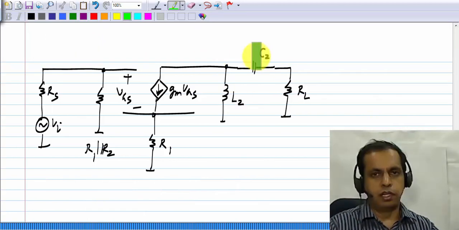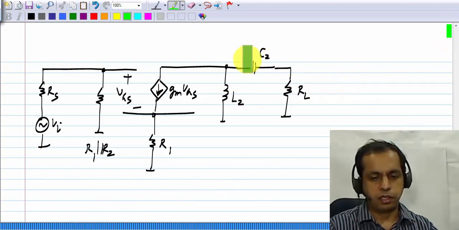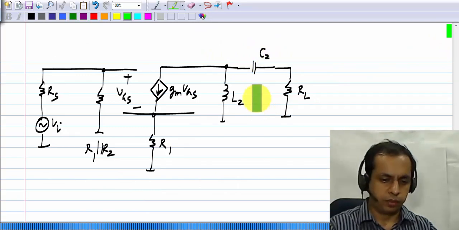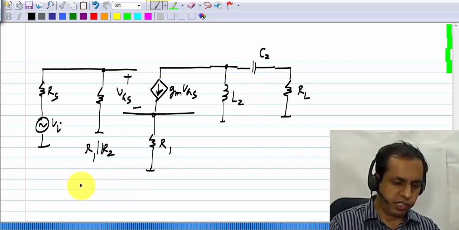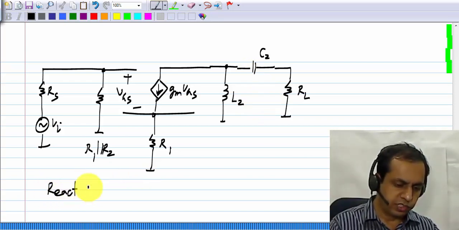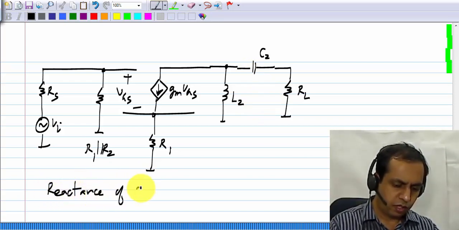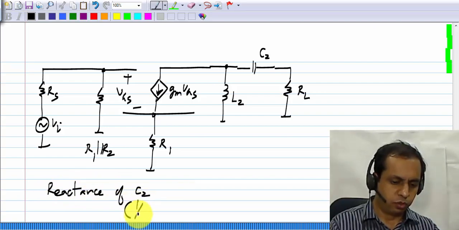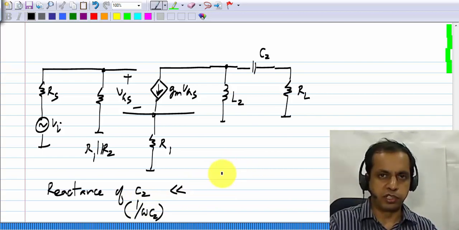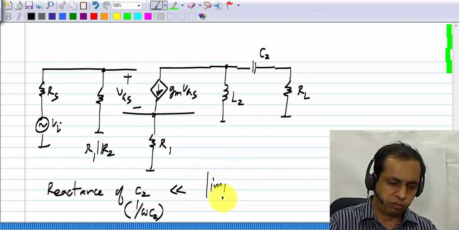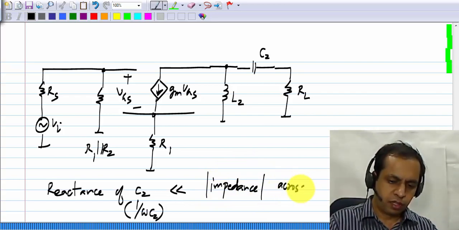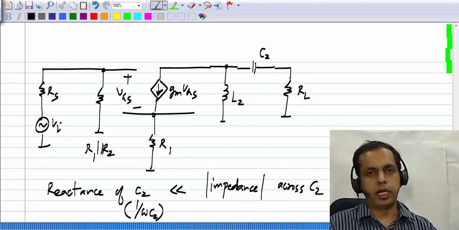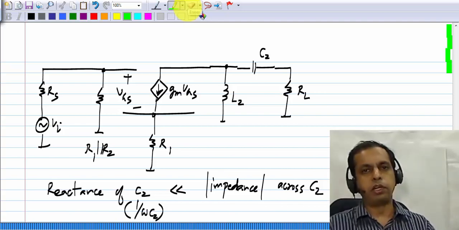Now let's see how to evaluate the constraint on C2. Okay. How do you choose C2? The reactance of C2 at the signal frequencies, which is basically 1 over omega C2, must be much smaller than the impedance that appears across it. I really mean the magnitude of the impedance that appears across C2. Okay, this is something familiar to us.